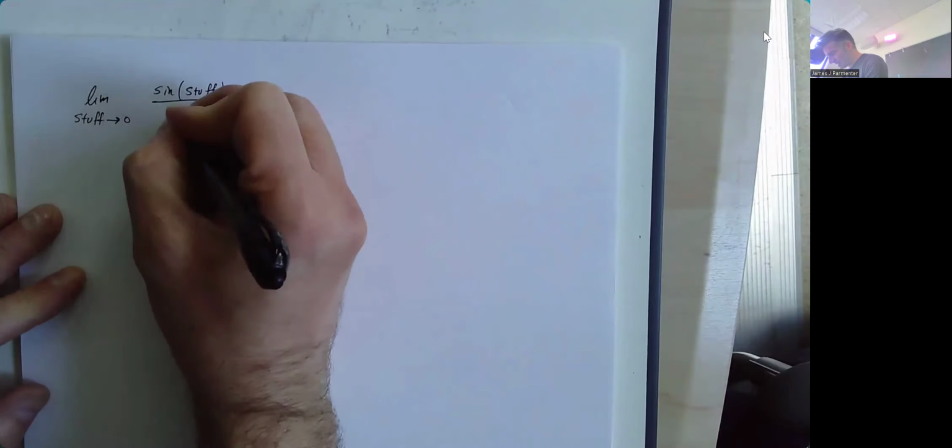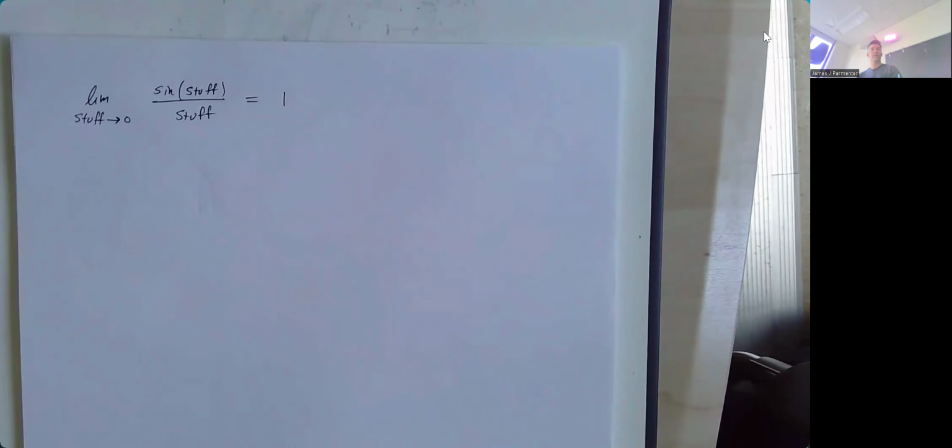The limit as some stuff goes to 0 of sine of the stuff going to 0 over the same exact stuff, that limit is going to be 1. So for example, it would be true if I said the limit as x goes to 0 of sine of 6x over 6x is in fact equal to 1.